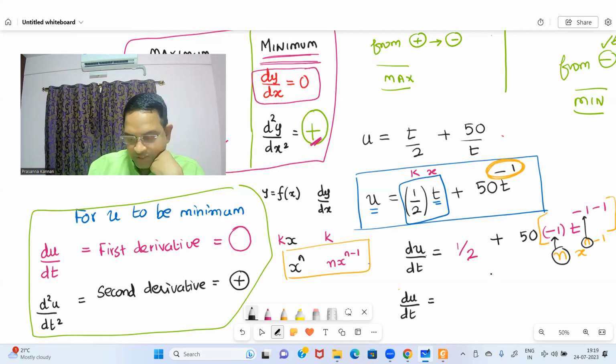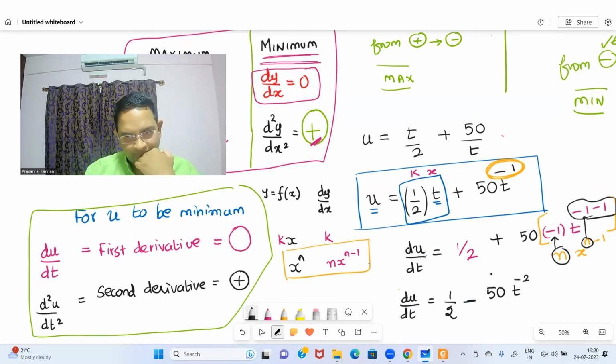Good. So du by dt, the first differentiation, is complete. What do you get? 1 by 2 plus minus 50 t power minus 2.